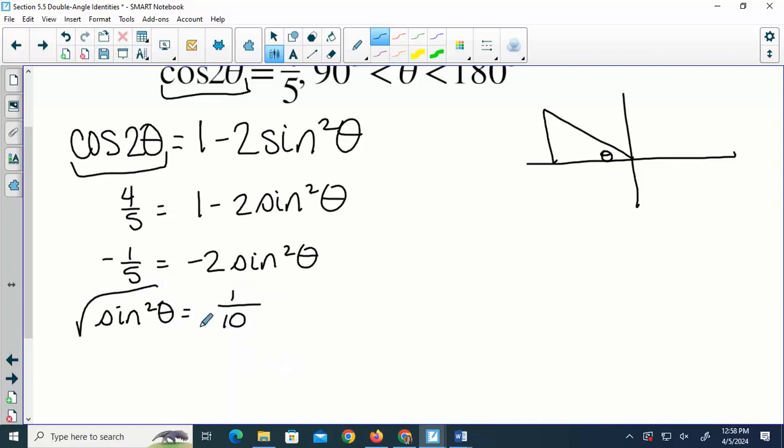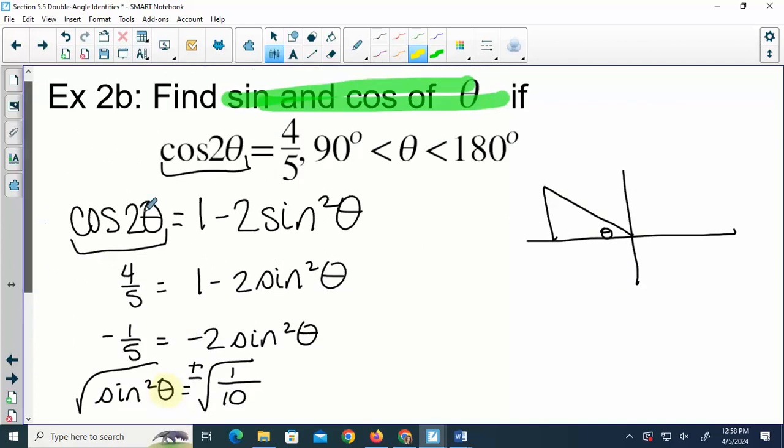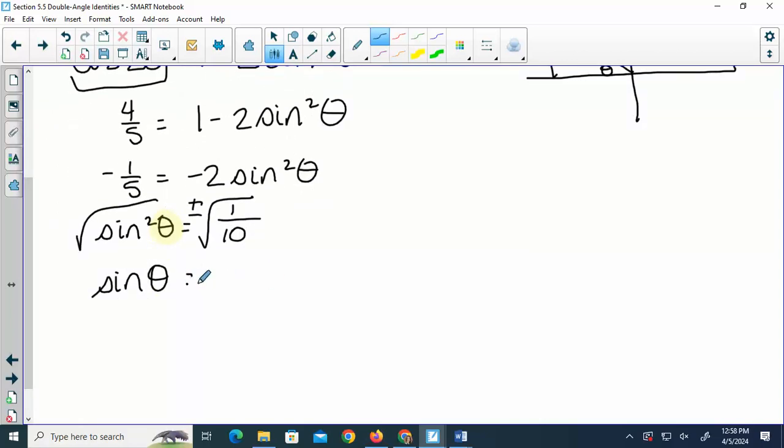Okay, square root, plus or minus. Sine, so it's positive. Our angle is theta, so we need to know the quadrant for theta. Theta is in quadrant 2, sine is positive in quadrant 2. So we could turn this into radical 10 over 10.